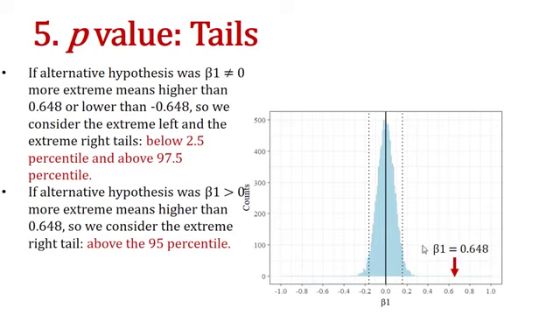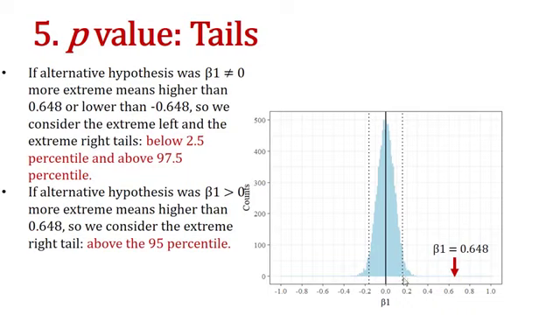So what we want to know is whether this beta 1 of 0.648 in this sampling distribution comes from a population where beta 1 was 0. When the alternative hypothesis was non-directional, so we said just different than 0, we are looking at percentiles 2.5 and 97.5.